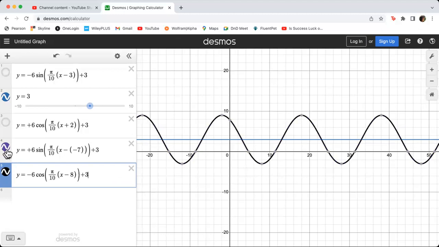And now I've got, that's what we're thinking of as our starting point. Since it's at the bottom, we have a negative cosine function. But all these functions are the same graph. We have an infinite number of choices for what equation to write for that graph.